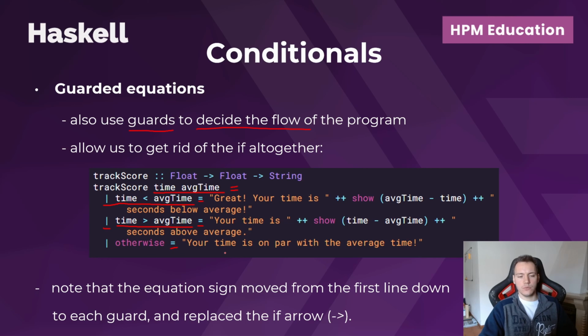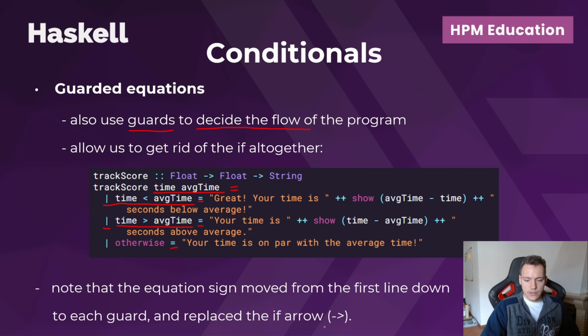So it's very similar to multi-way ifs, but we can get rid of the if keyword altogether. And the important thing is that the equal sign is now not right after the arguments, but after each of the guards. That's why they're called guarded equations, because they use the equal sign there.